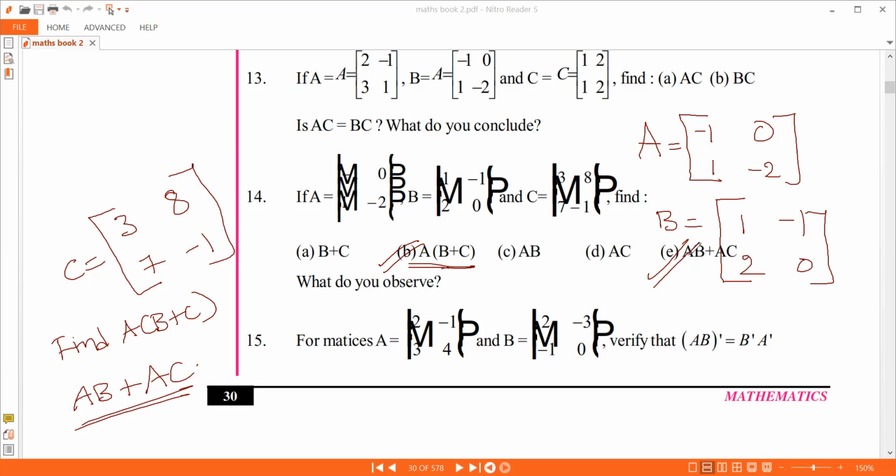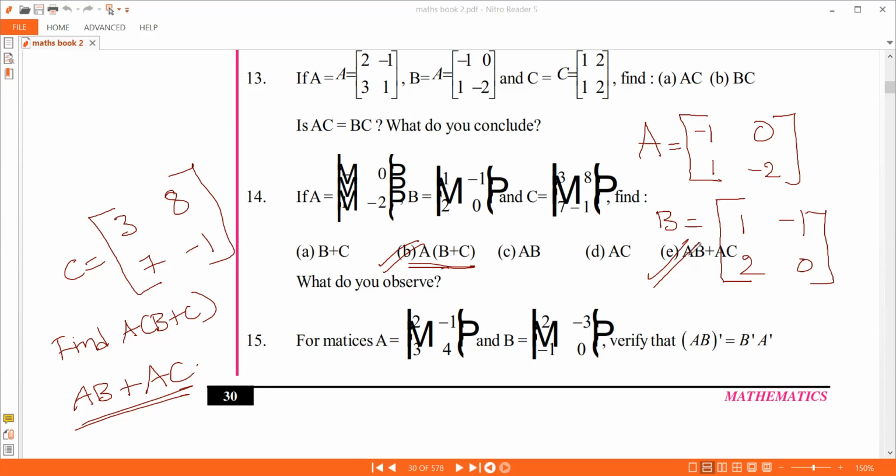You got it? Minus 1, 1, 5, minus 1. And now AC. AC will be minus 1 into 3 plus 0 into 7, and minus 1 into 8 plus 0 into minus 1.